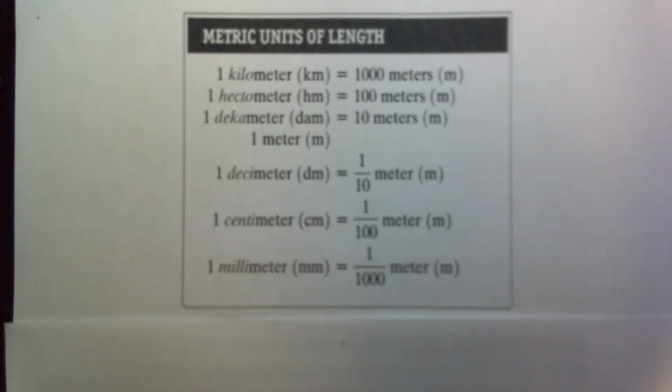Most of you would probably have to memorize that. Some of you may be familiar with the metric units of length, but it's important to know what people mean when they talk about a centimeter or a millimeter or a kilometer. These are vocabulary words, and you need to learn what they mean.